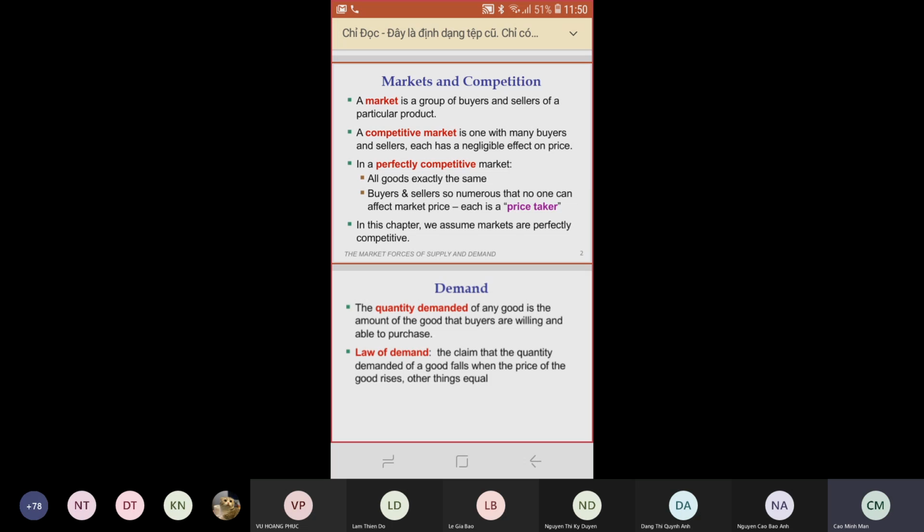Second, competitive market. If you have a pen in your hand, you need to write down. In Vietnamese, competitive market is thị trường cạnh tranh. Please write down. If you do not write down, you do not remember.